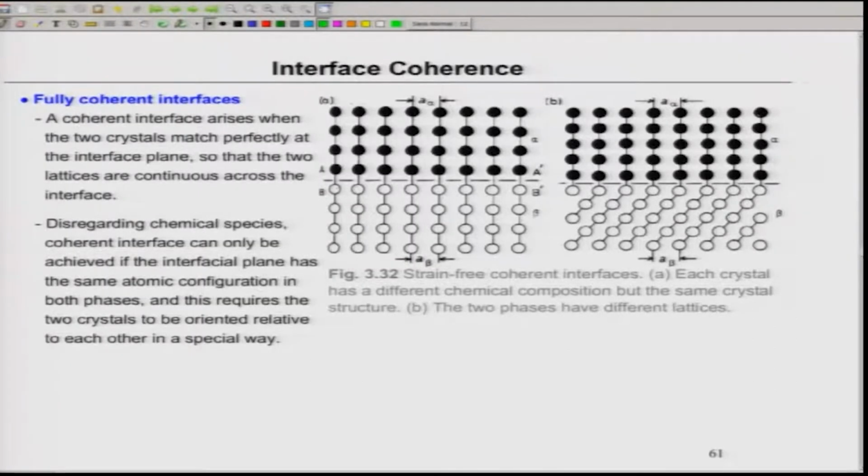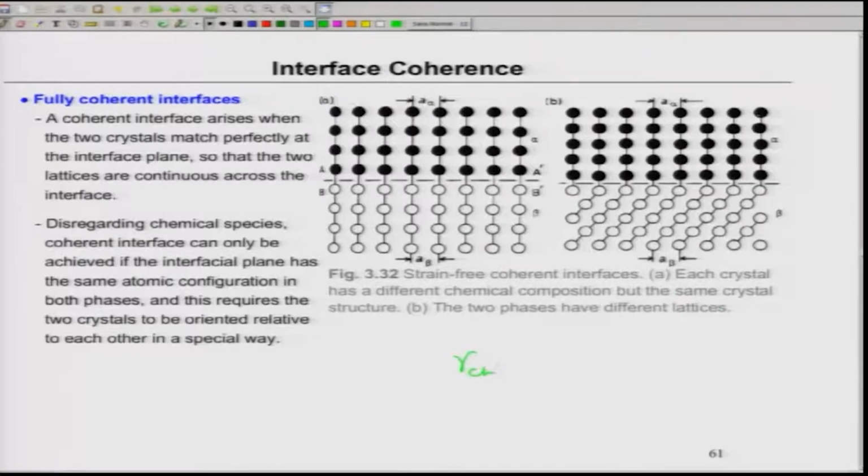Such a boundary will have energy because of this difference in the bonds, that means the bonds are varying across the boundary and the chemistry has changed. So the energy of this kind of boundary structure will be because of the chemical type, which is known as gamma chemical, because the bond type has changed across the boundary.